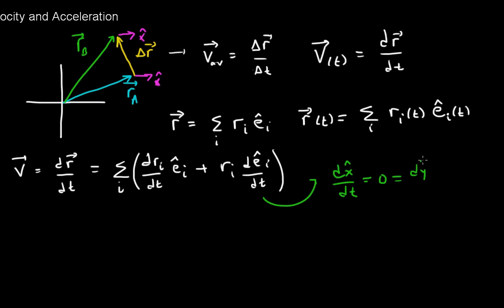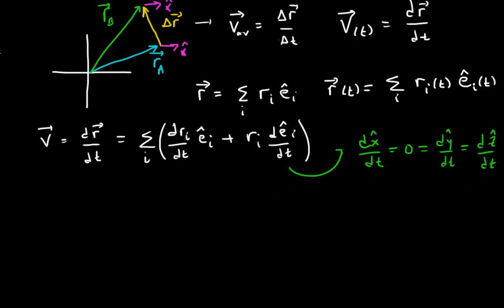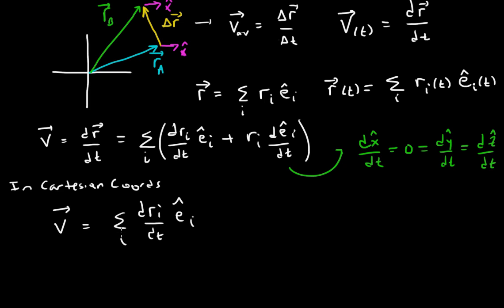And same with dy hat dt and dz hat dt. Which means that when we're using Cartesian coordinates, this term goes away. So in Cartesian coordinates, v is just going to be equal to the sum over i of dri dt ei.